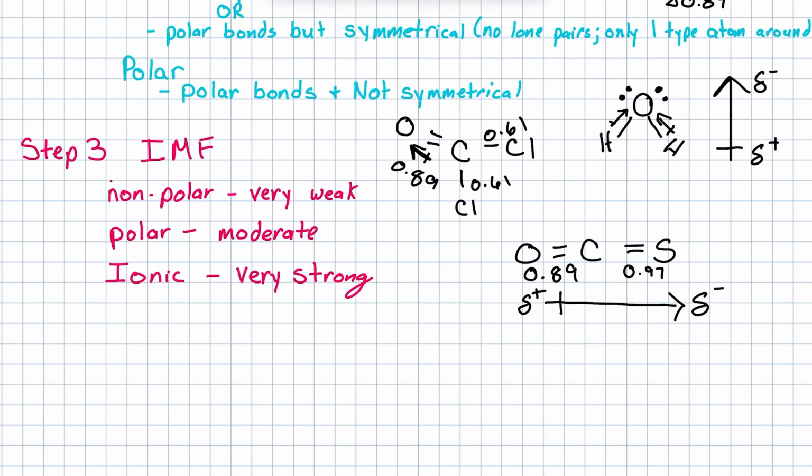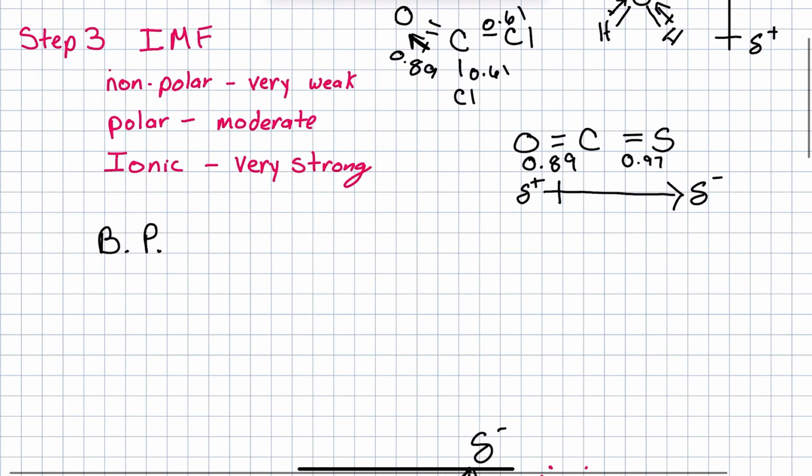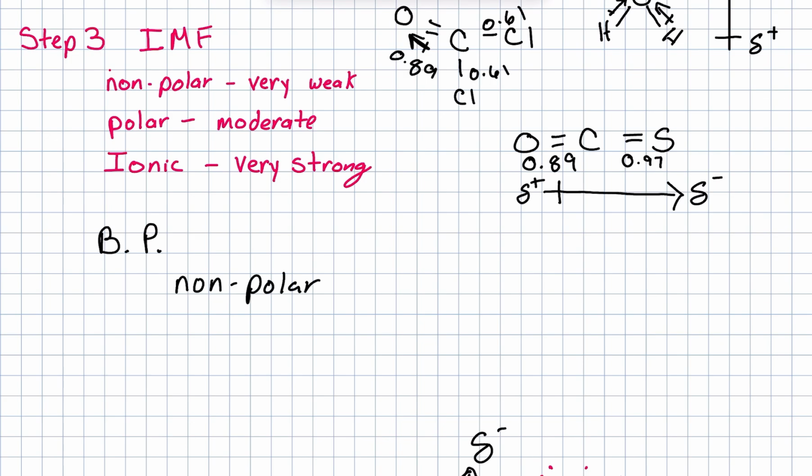So for example, if I want to look at boiling point, well, my boiling point is going to be in order of how strong the attraction is between my molecules. So in this case, my nonpolar, since it has very weak attractions, is going to have a very low boiling point.